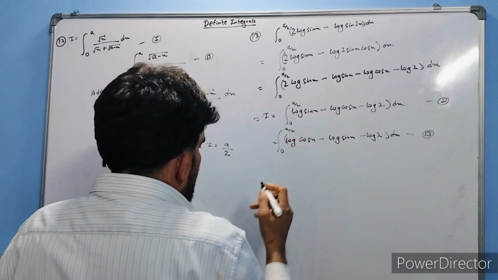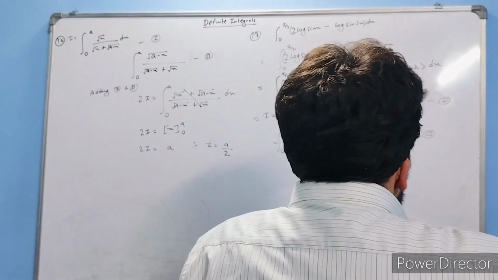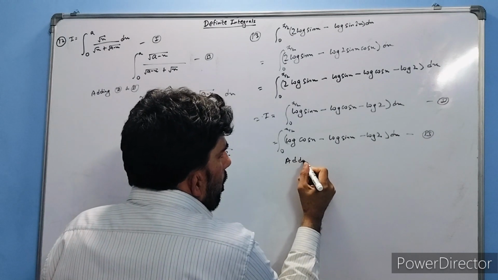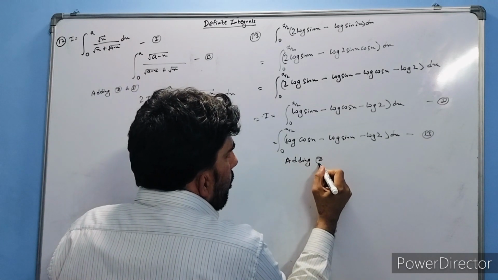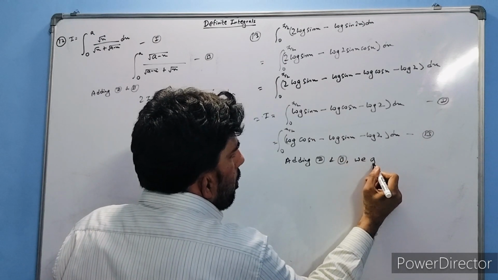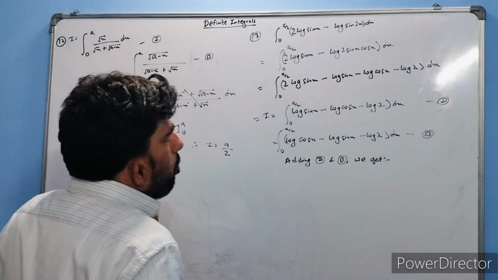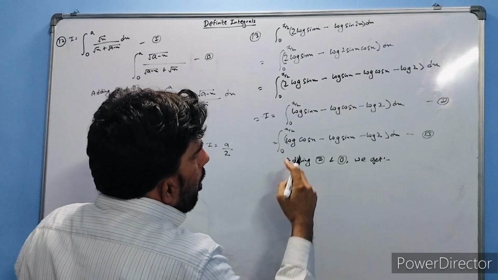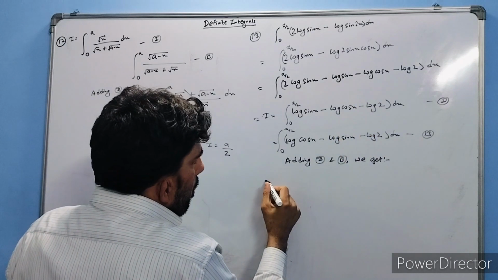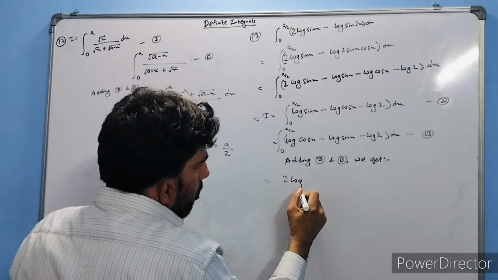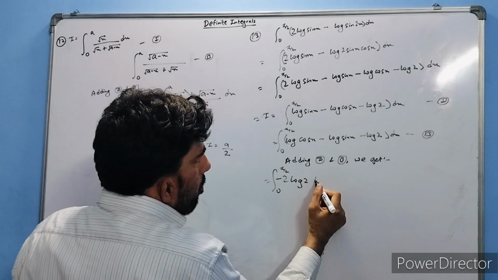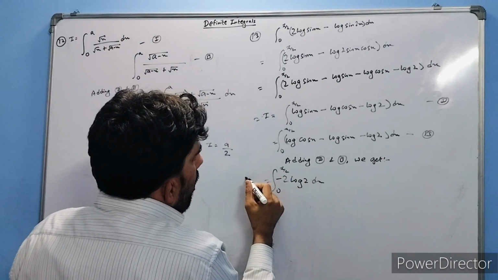Now we'll try to put the value, adding first and second. Now we got here what to do when we add. So what we are left with, these will be reduced, we'll get minus 2 log 2, 0 to pi by 2 dx, and where you have 2I.